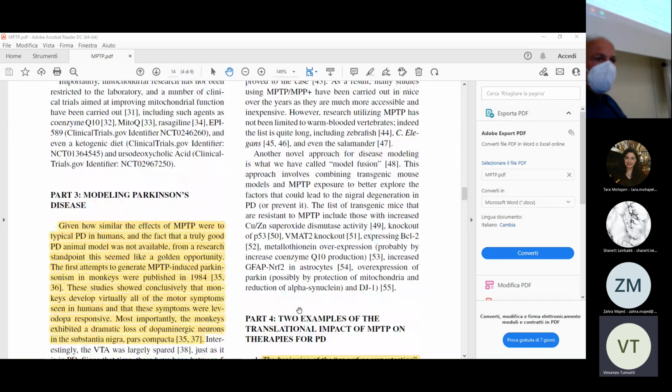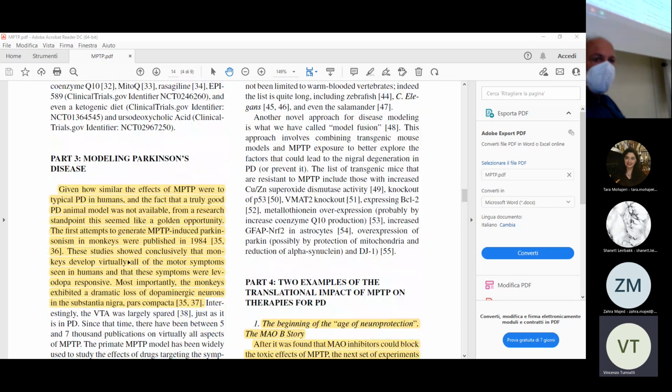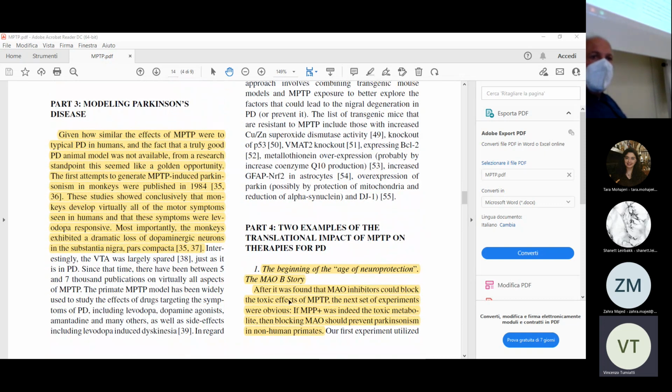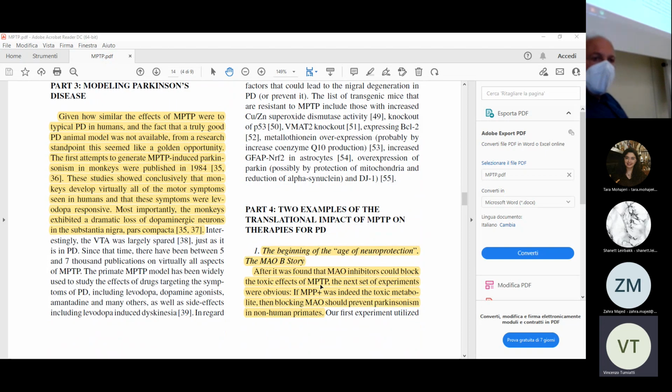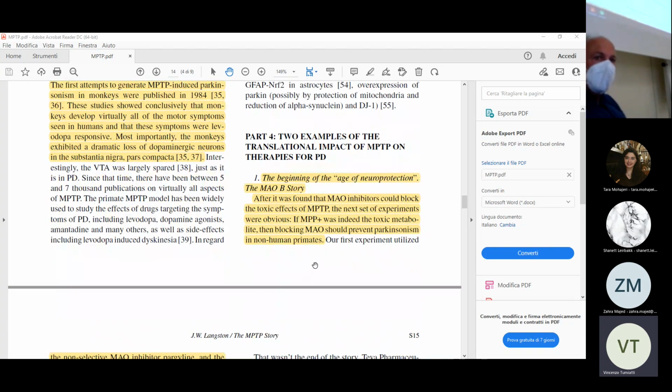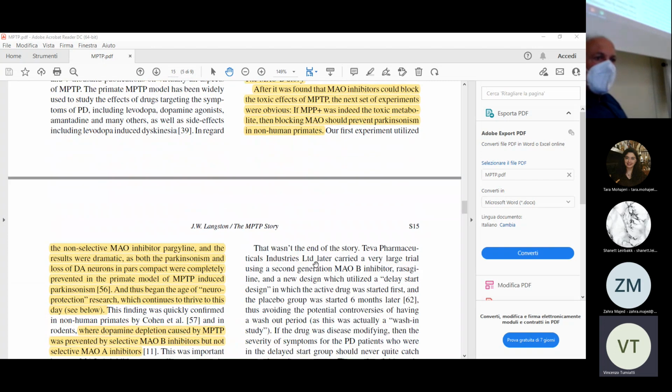The last point, modeling Parkinson's disease, is an example of the translational impact, how we can use this compound in clinical trials. So they can have a model of Parkinson's disease in primates, monkeys.